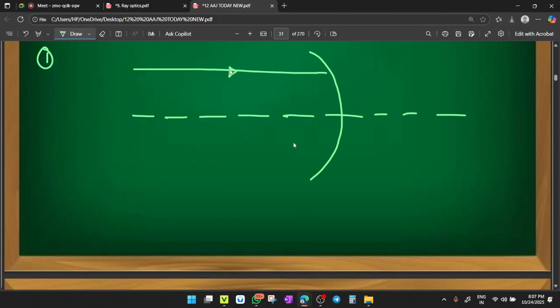First case, when the object is at infinity. Okay. These are the positions. This is the principal axis. When the object is at infinity, what happens? The light rays come parallel to the principal axis and pass through the focus. So they converge and make a sharp, point-size image at the point of focus.